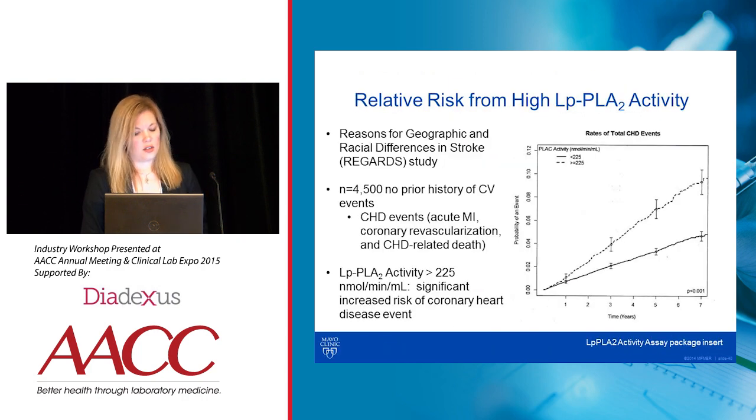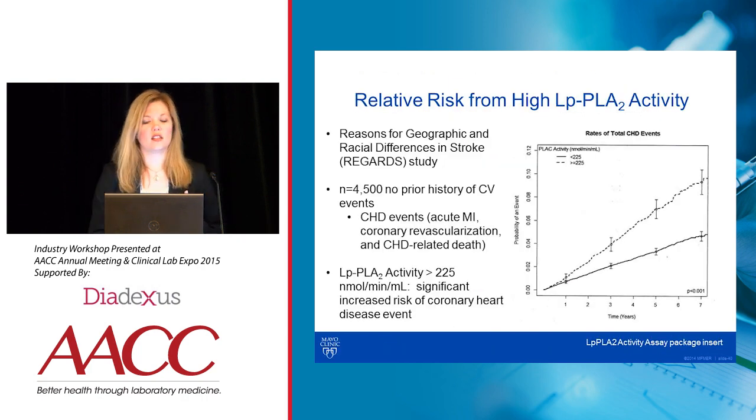And again, just showing you the data from the REGARDS study that's been shown before. This is actually the figure that's in the package insert, if you've seen this, that the risk prediction of coronary heart disease using the new activity assay is evident using a cutoff of 225 nanomoles per minute per mL.